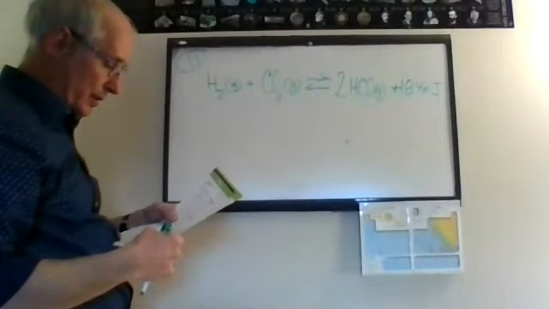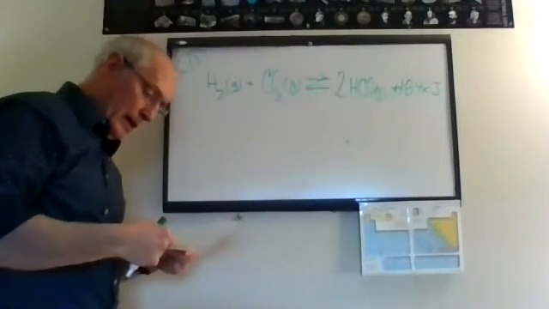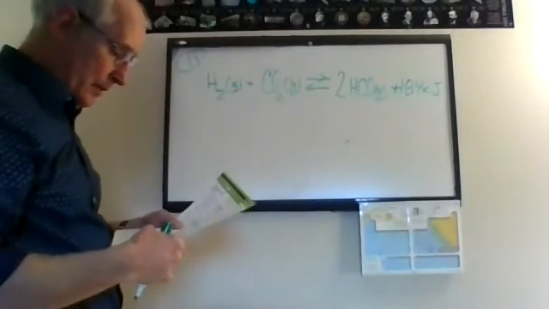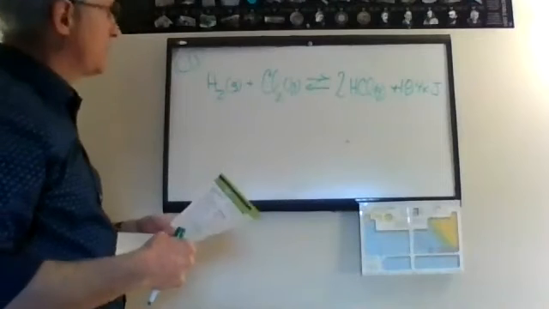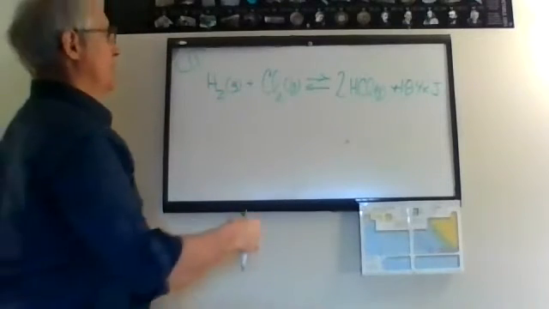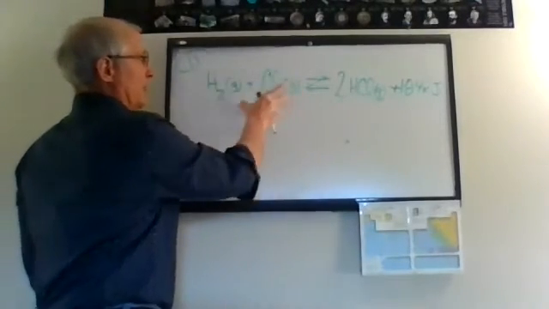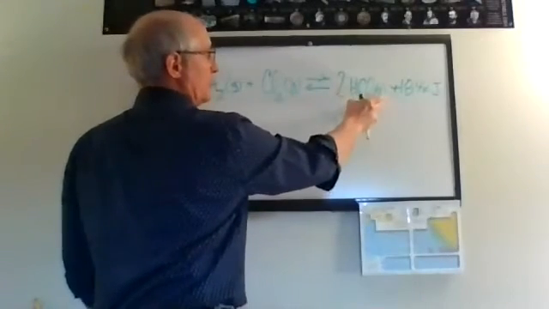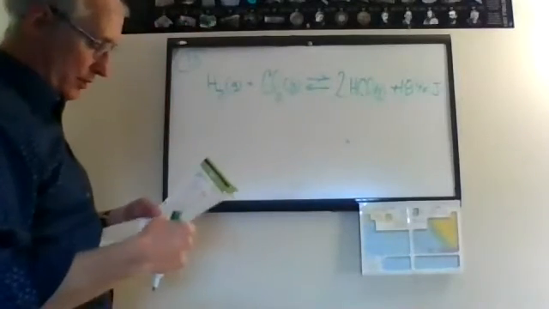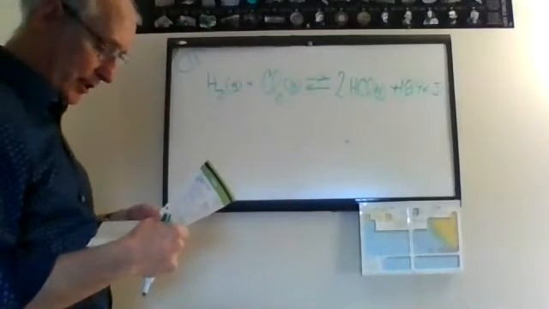So E would be reverse. F, if you decrease the pressure, that won't change anything either, because you got 2 moles of gases over here, you got 2 moles of gases over there. So if you decrease the pressure, there'll be no change, neither.